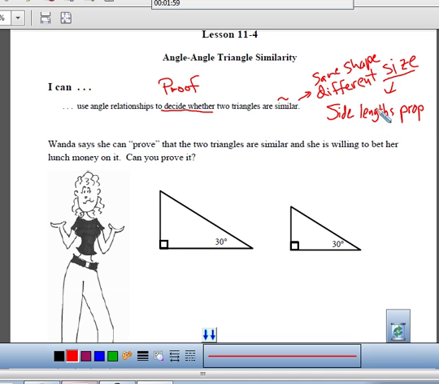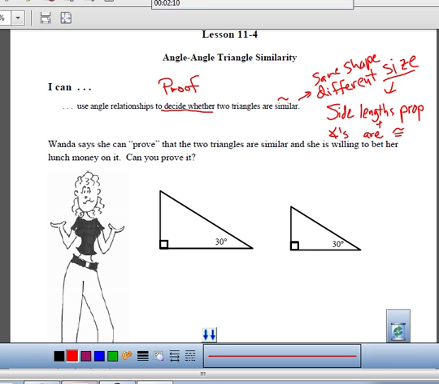I'll just abbreviate that. And the angles are congruent, or they are the same. That's the big idea with same shape, different size. The side lengths are proportional. The angle measures are the same.